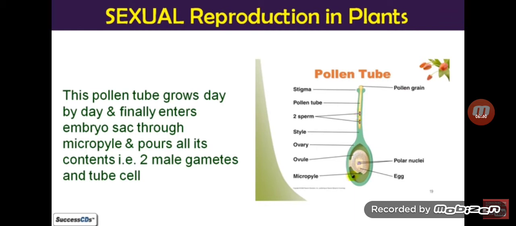What is the micropyle? It is the lowermost area of the ovule, and the tube pours its contents. That means whatever nuclei are there in the pollen grain, these nuclei, two male gametes and the tube cell, are deposited inside the ovule through this elongated pollen tube.